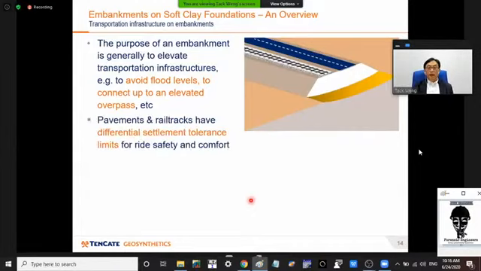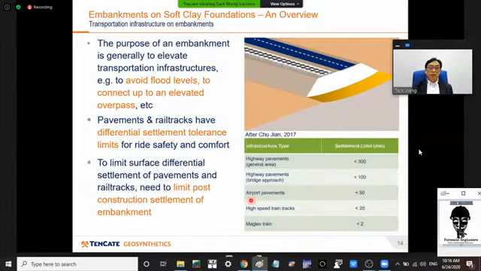And the transportation infrastructure can be in the form of pavements and rail tracks that have differential settlement tolerance limits in design. And this is necessary for ride safety and comfort.